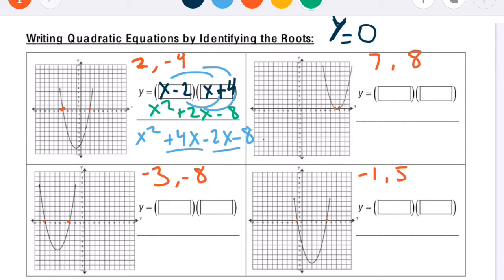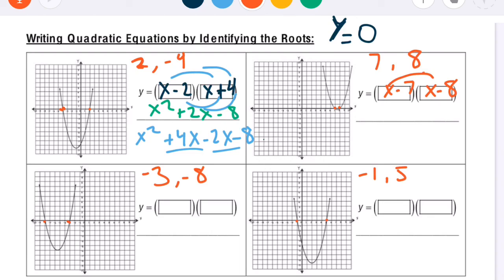Let's move on to the second one, the one right across from it. So we know that the roots are 7 and 8. Again, the factors are going to take the opposite signs. If we set x minus 7 and x minus 8 equal to 0, because we know y equals 0, that's how we get the opposite signs here.